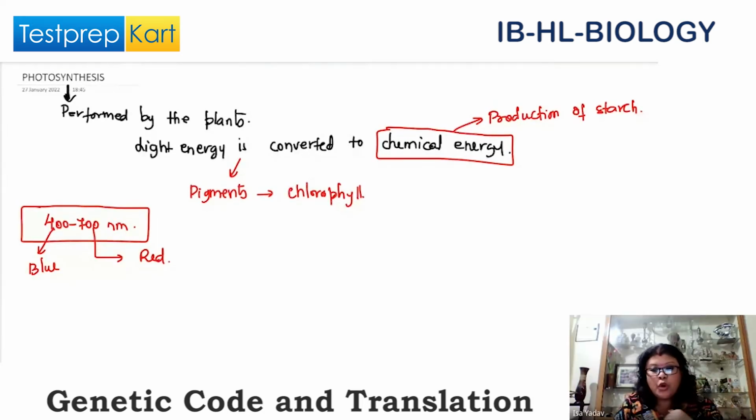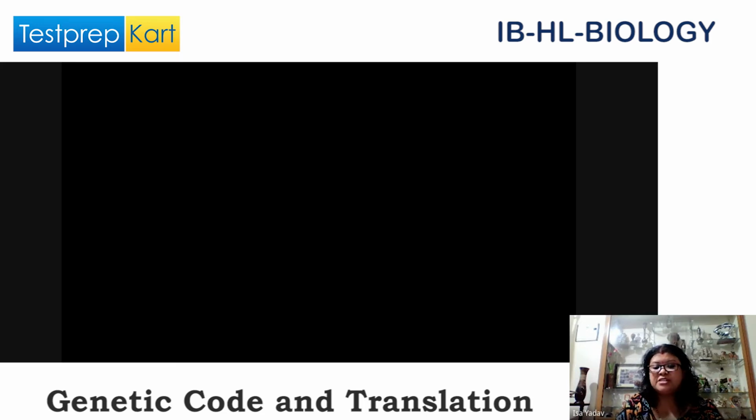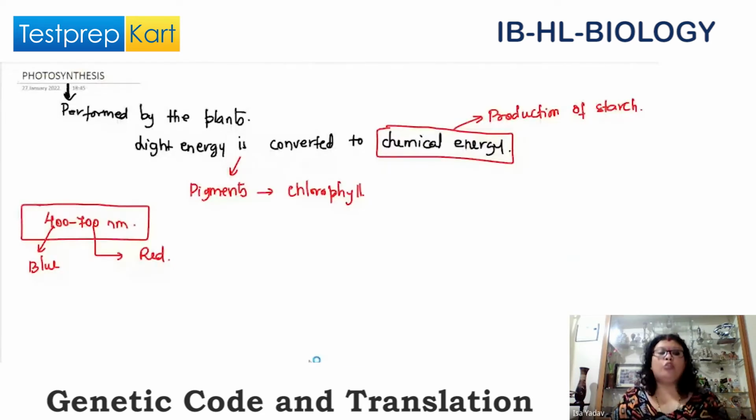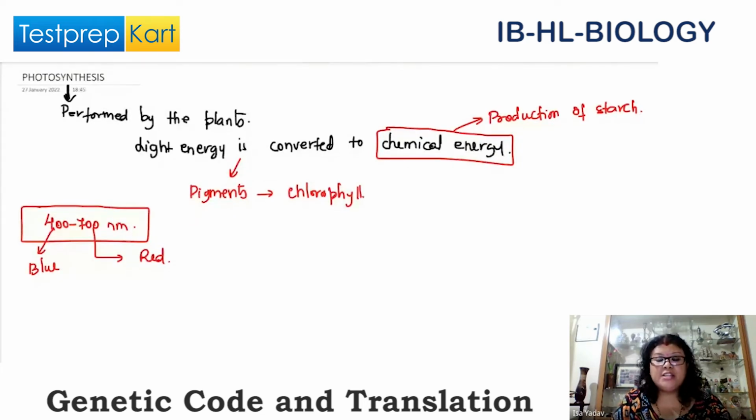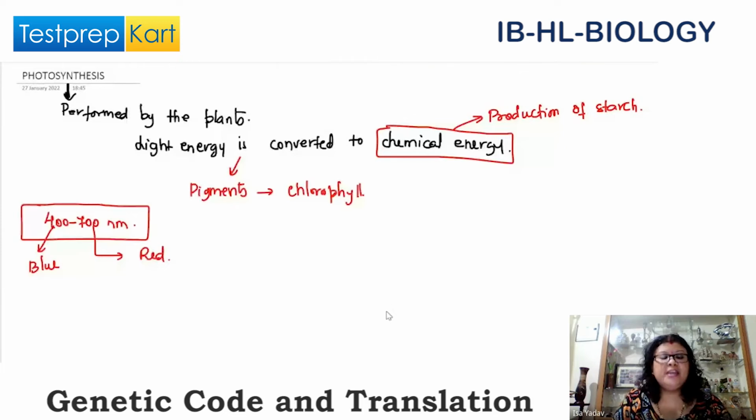Clear? So that means I can say that photosynthesis is most active in blue light as well as in red light. And this was proved by T.W. Engelmann. He said that in 400 nanometer and in 700 nanometer, the rate of photosynthesis is highest.